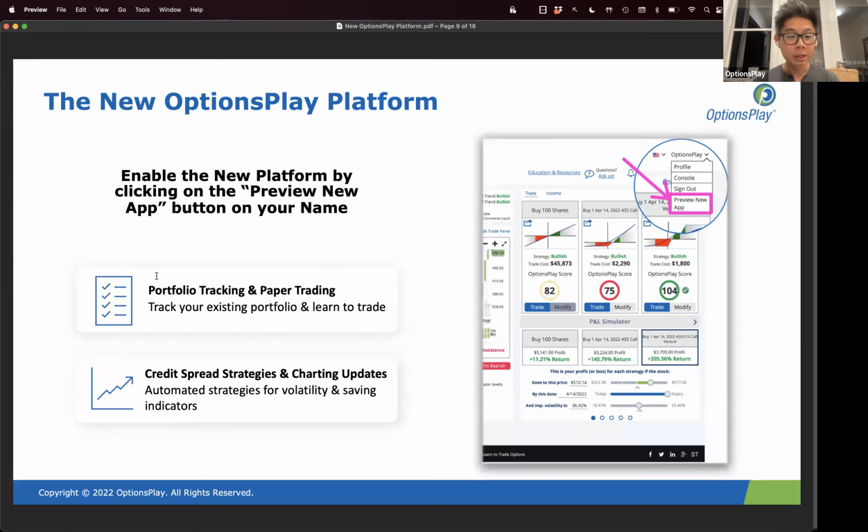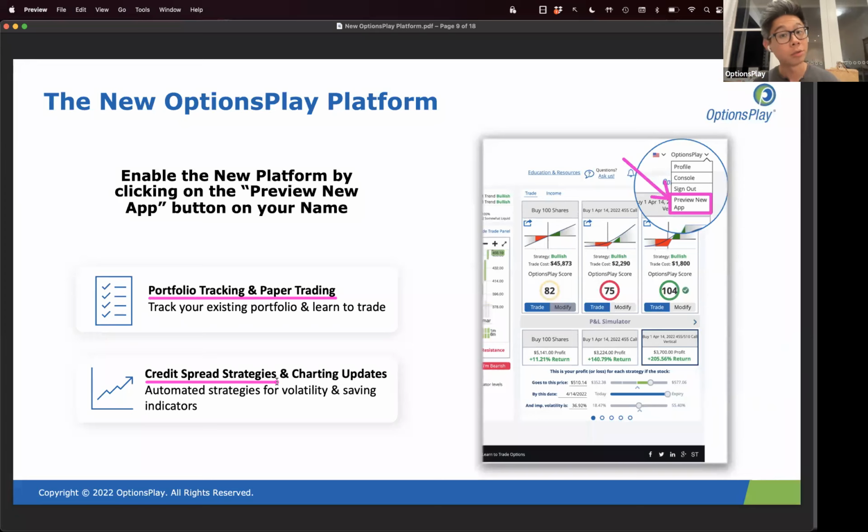There are a few things that I'm going to go over with you here. Portfolio tracking and paper trading. We've introduced a new portfolio tool to help you track your live portfolio, whether it's a live portfolio or a paper trading portfolio. You can do both using the new portfolio tool. We now have automated credit spread strategies. Many of you love trading credit spreads, and you had to set them up manually before using OptionsPlay.